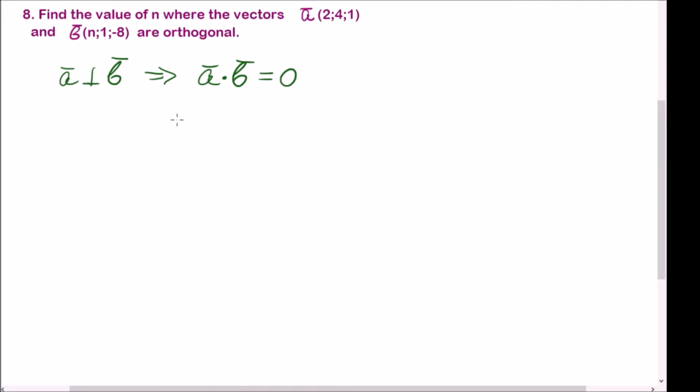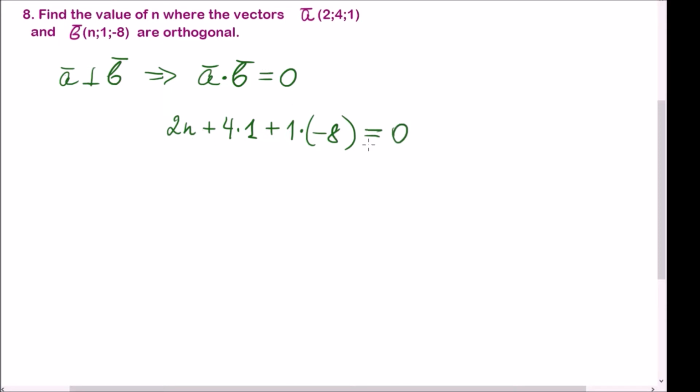2 multiplied by n, the product of the first coordinates, plus 4 multiplied by 1, the product of the second coordinates, plus 1 multiplied by minus 8, the third coordinates, and it must be 0.